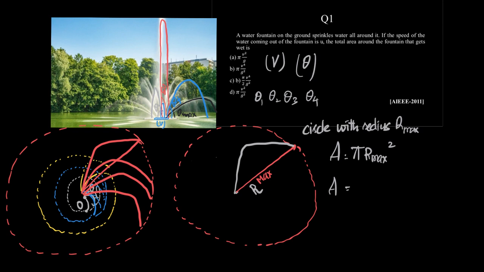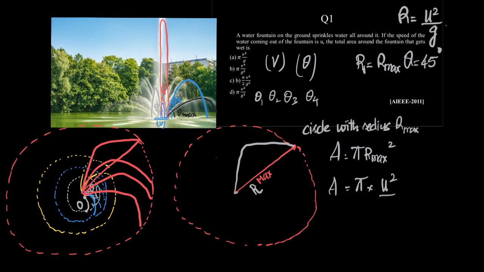So area is equal to pi into, what is r max? R is equal to r max when theta is equal to 45 degrees, and when theta is equal to 45 degrees, what is r equal to? R is equal to u square by g. So we can write this as r max as u square by g.